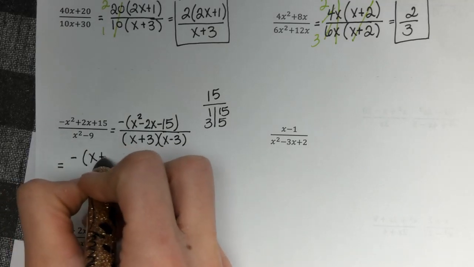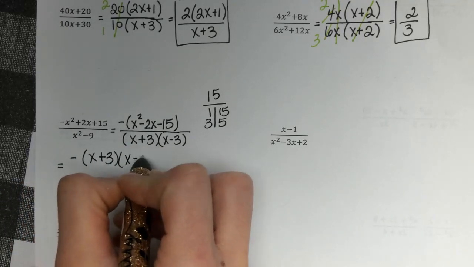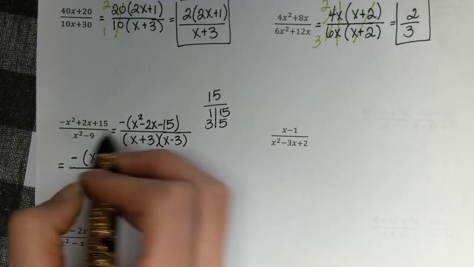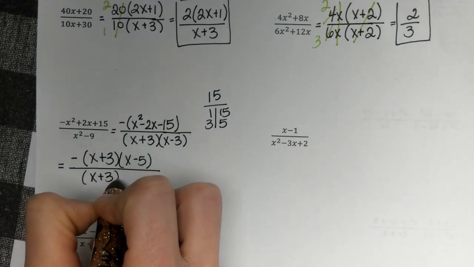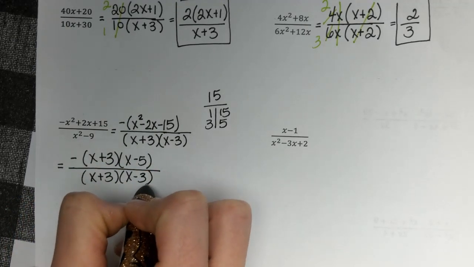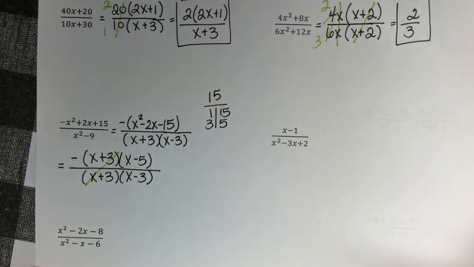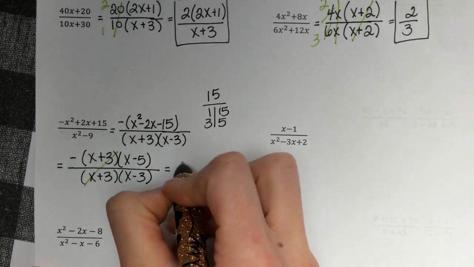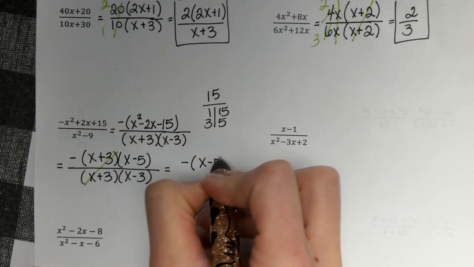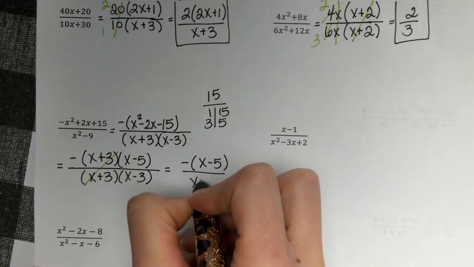So x plus 3 and x minus 5 all over x plus 3, x minus 3. And then what happens? x plus 3 cancels, and I've got a negative x minus 5 in parentheses over x minus 3.